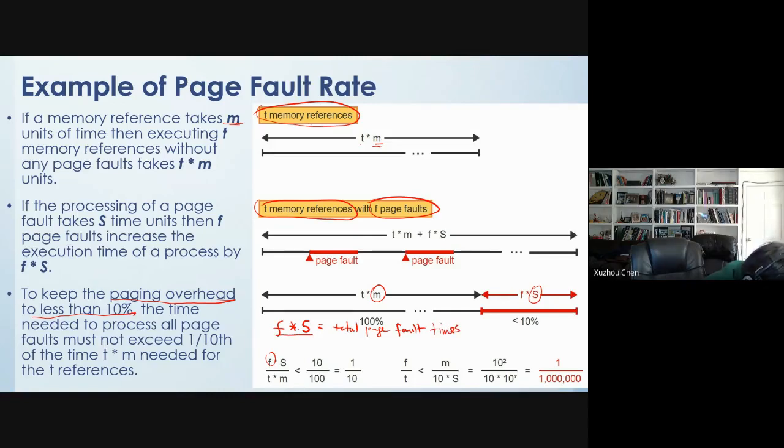Okay. Now here, T is the total number of page references, memory references, and M is the time for a memory reference. So T times M is the total memory reference time.